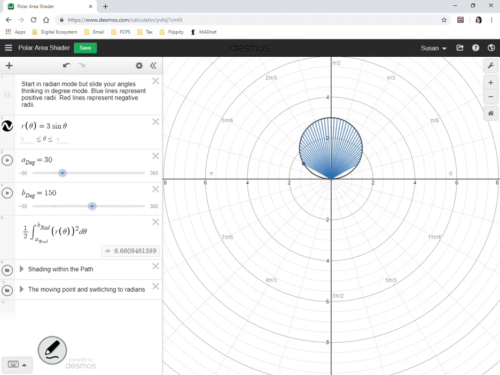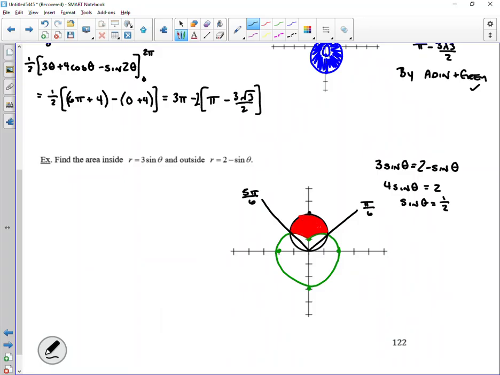So that is 1/2 integral from pi over 6 to 5 pi over 6 of the circle squared. That's the part that we found.